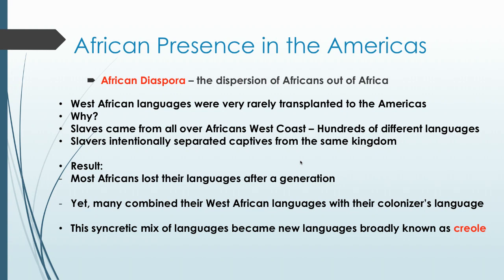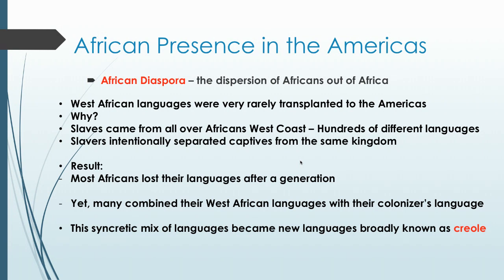So now we have these slaves coming over to the Americas. They were intentionally separated, and once they arrived, many of them didn't speak the same language here in the New World, and so whatever language they spoke often disappeared. Many West African languages came together as many slaves tried to communicate with each other, and then morphed with the language of whoever was colonizing them.